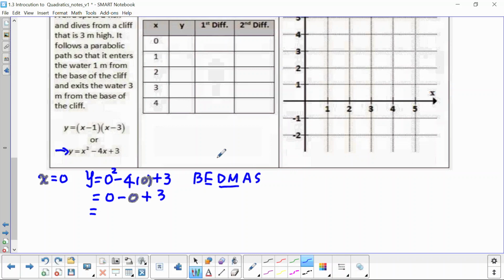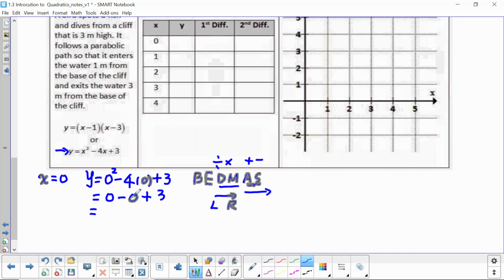For division and multiplication, it's not division first. You do it from left to right. And the same thing for adding and subtracting, you do it from left to right. So don't do adding first. You do it from left to right.